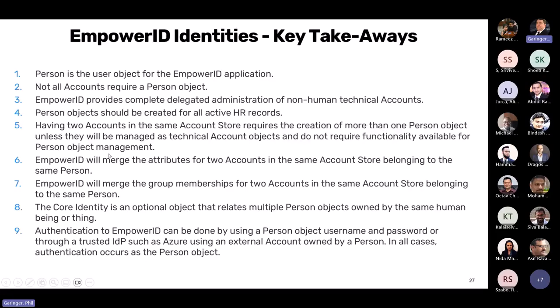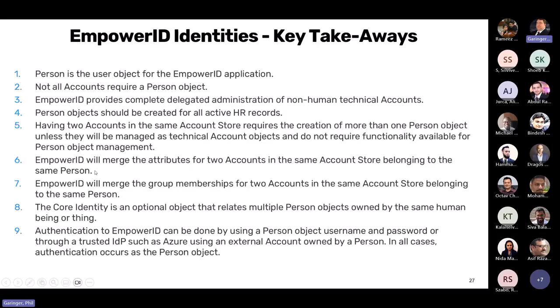We talked about having two accounts in the same account store. You should have more than one person object. Otherwise, it'll make them look the same. Now we can merge the attributes for two accounts in the same account store belonging to the same person.